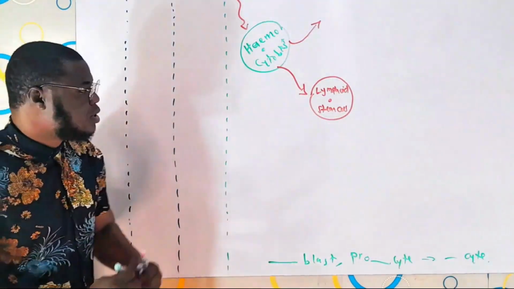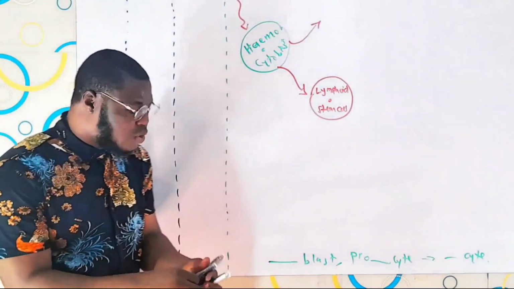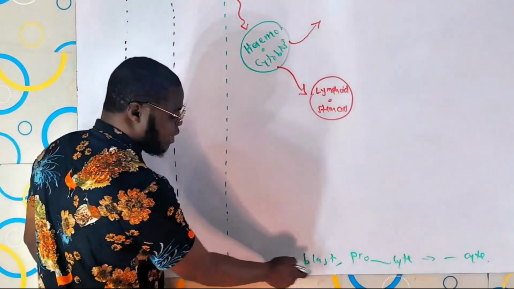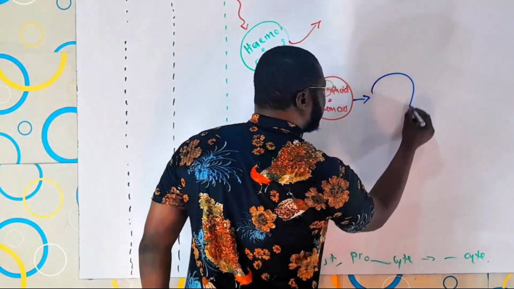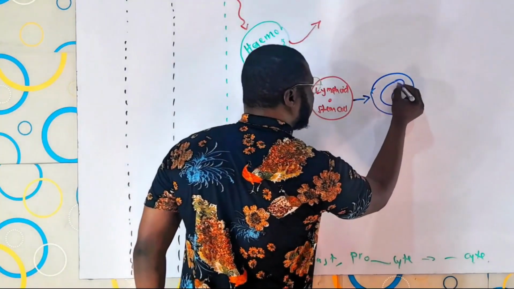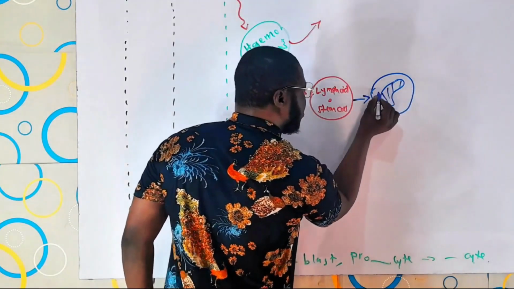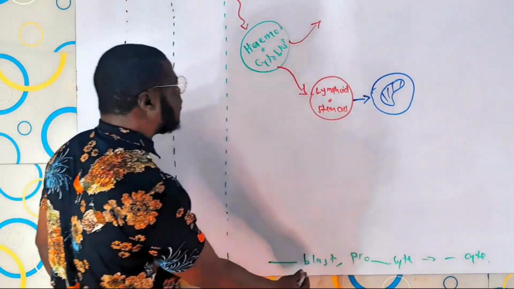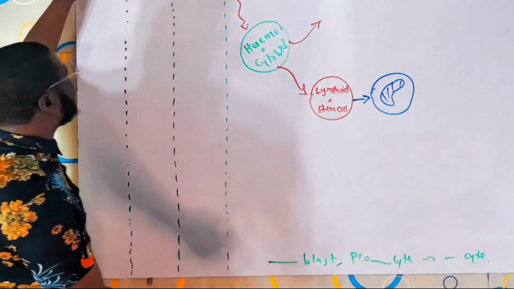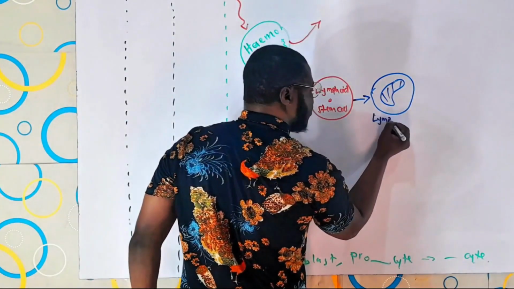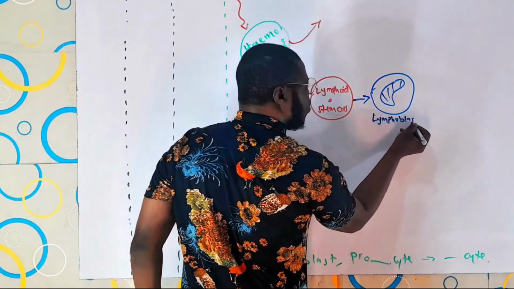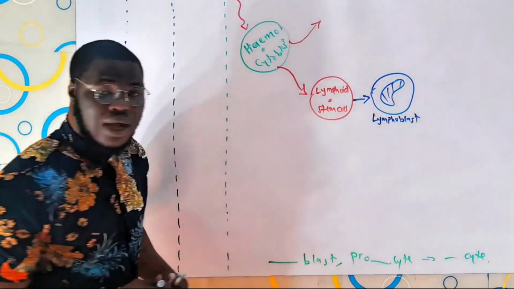Now the point is, the lymphoid stem cell is going to divide to form a dash-blast. It will form a new cell. We want to form a lymphocyte, so lymph will be the dash. So this cell will become the lymphoblast. Lymphoblast. Simple.